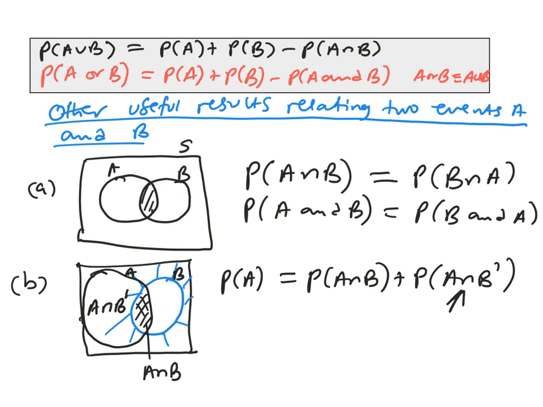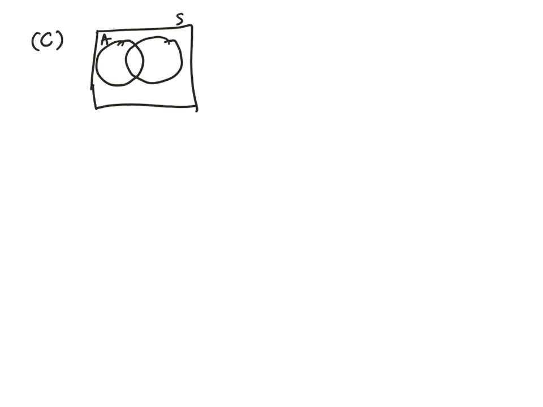To get the probability of A, get the intersection, add on A only. Now we talk about probability of B, the same way we have looked at probability of A. This is a sample space S, set A, set B. This is the intersection, which we are calling B intersection A, or you can call it A intersection B.